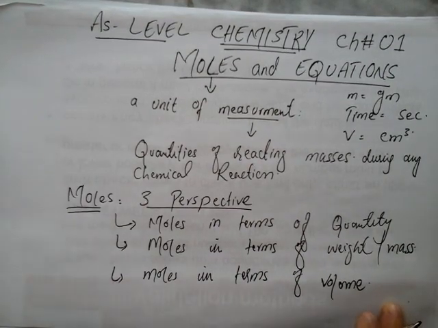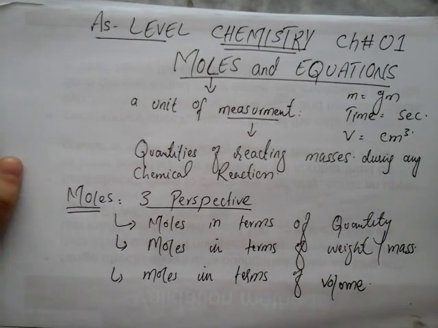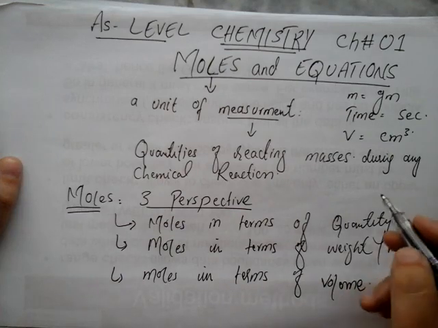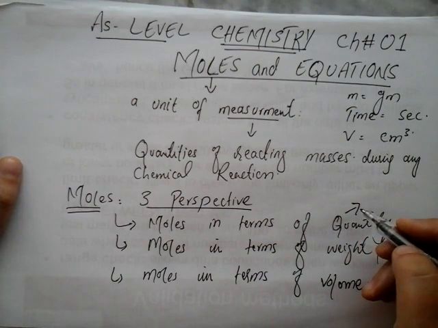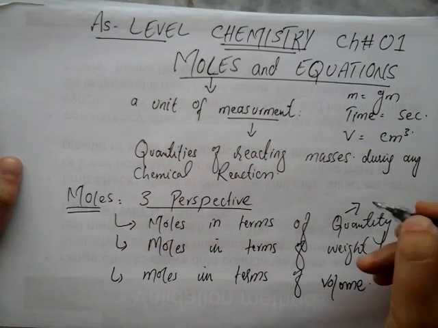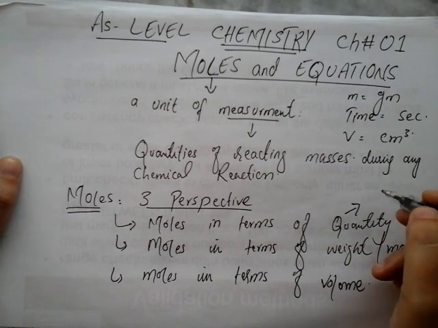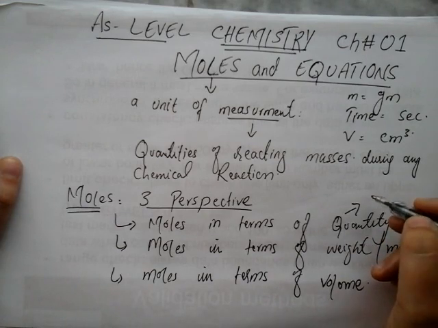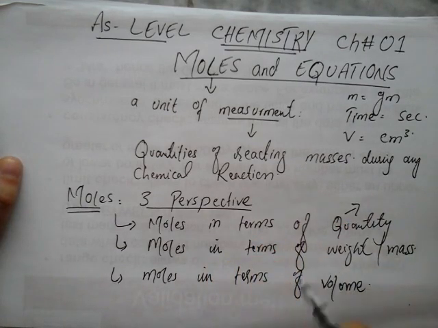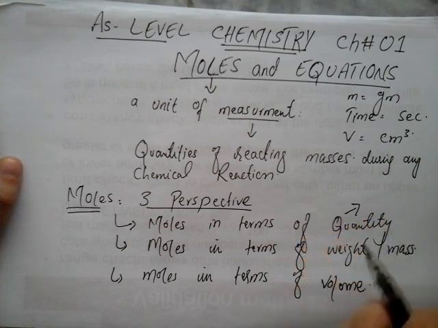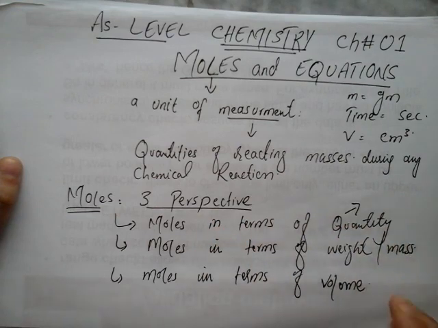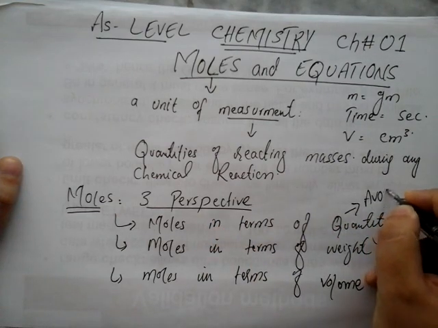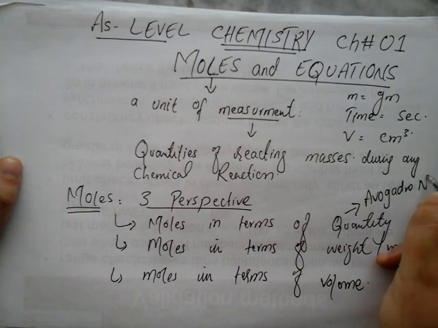Now keep in mind that for moles in terms of quantity, we take a specific number and consider that number as a standard unit for calculating amounts on the reactant and product side, and that specific number is called Avogadro number.